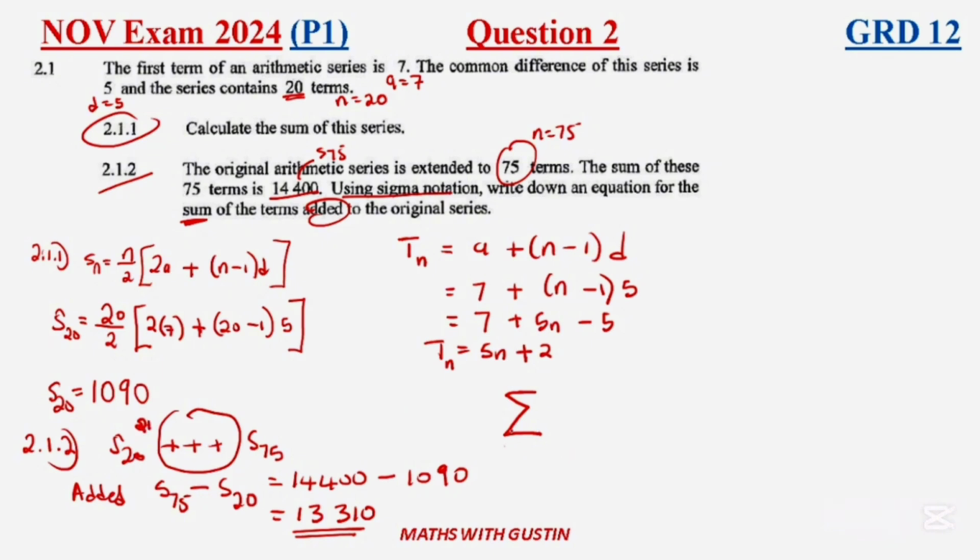So our n value must start at 21 and go up until 75. Guys, I hope you still remember sigma notation, you did it in grade 11. So this is how you would express it. You are calculating from n equals 21 up until the end at 75, using the formula (5n plus 2), close bracket. Then our sum will have to be 13,310. Remember, this is the sum of what is added. So this is how you would express this in terms of sigma notation.